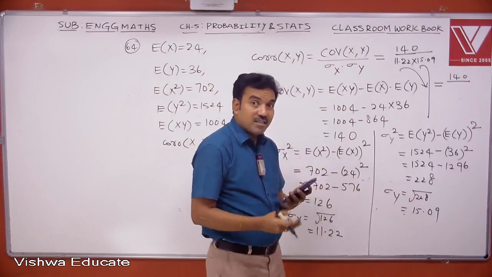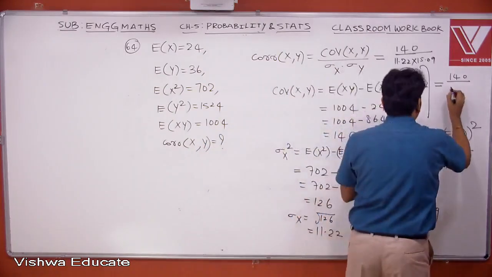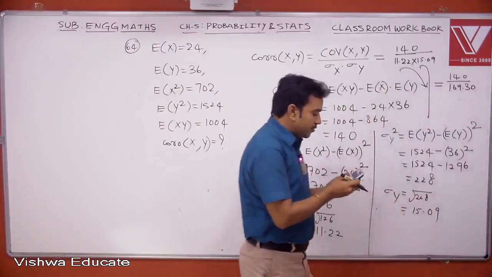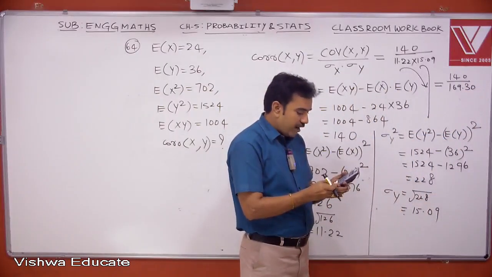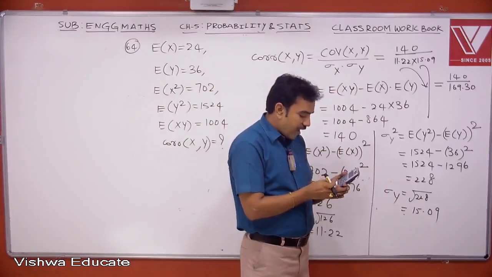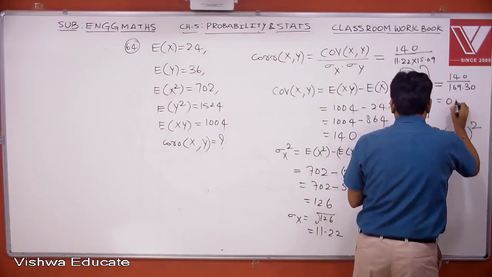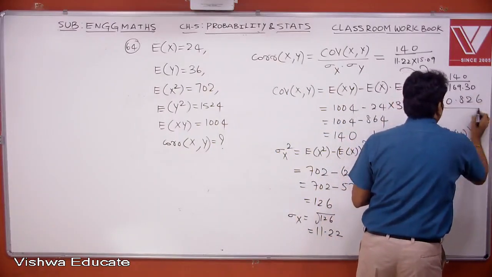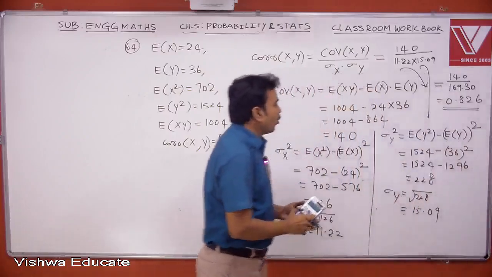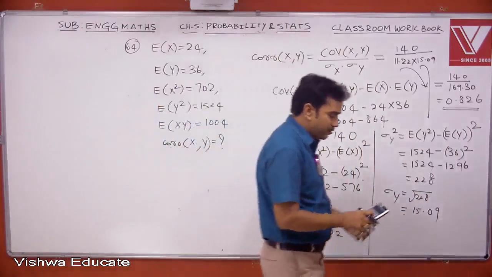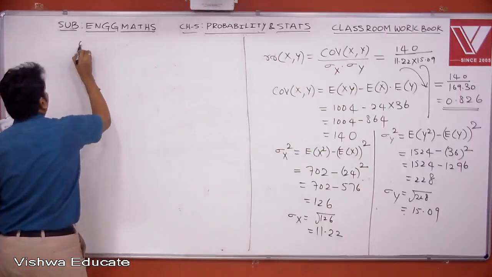This gives me 169.30. Therefore, let us evaluate this. 140 divided by 169.30 is 0.826. So, this is nothing but the correlation coefficient between two random variables x and y. Note this evaluation, to the last question 65.